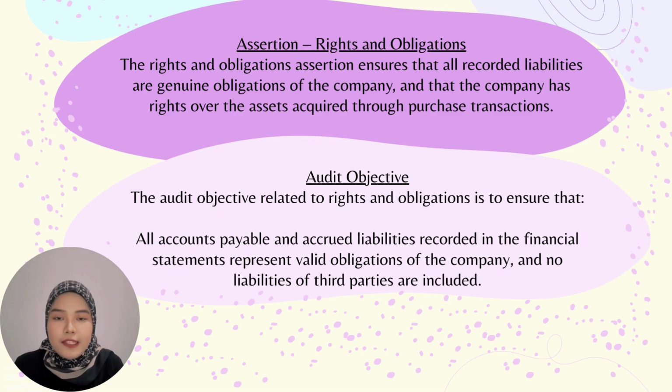Next, I will explain the rights and obligations assertions. These assertions ensure that all recorded liabilities are valid obligations of the company and that the company has rights over the assets acquired. The audit objective is to ensure that accounts payable and accrued liabilities represent genuine obligations of the company.